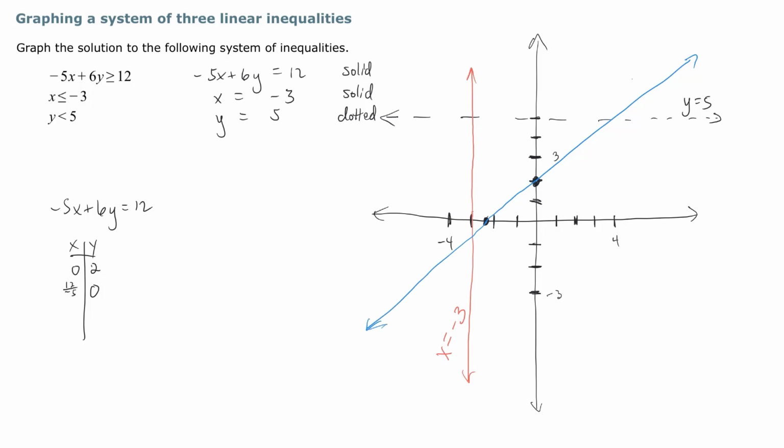And now we need to figure out the shading. Well, if you look at the vertical and horizontal, the shading is a little bit more obvious. So what are all the y values less than 5? It tells you to shade this way, right? So I just indicate that with a small arrow. What are the x values that are less than or equal to negative 3? Once again, I'm going to indicate that with a small arrow.